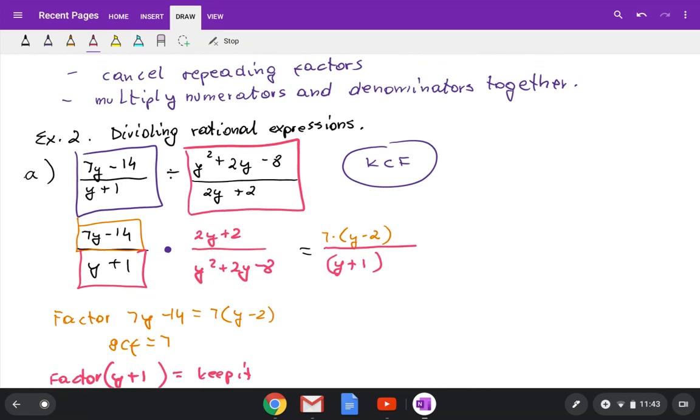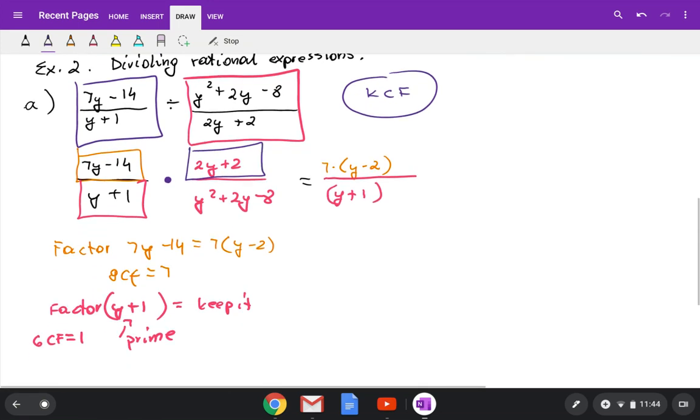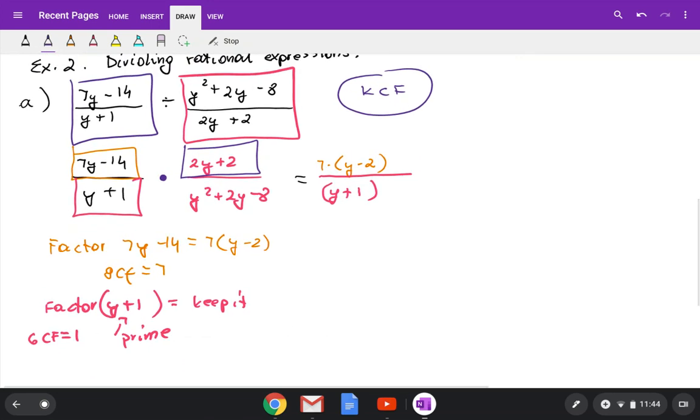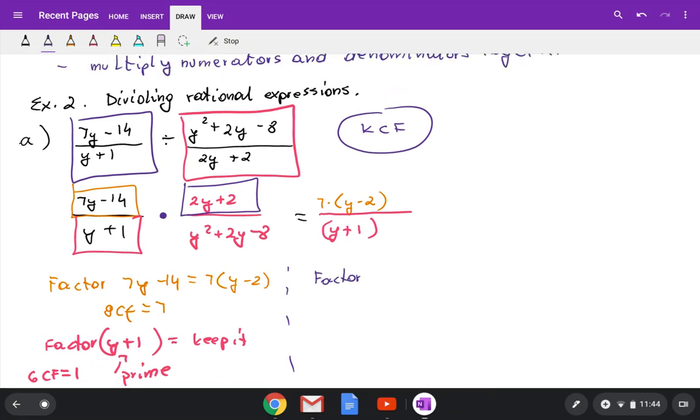Next, I'm going to factor 2y plus 2. The greatest common factor is 2, so we're factoring 2 out. 2y divided by 2 will give you y, 2 divided by 2 will give you 1. So we end up with 2 times y plus 1.